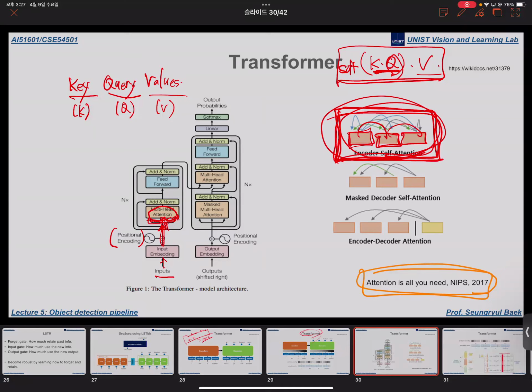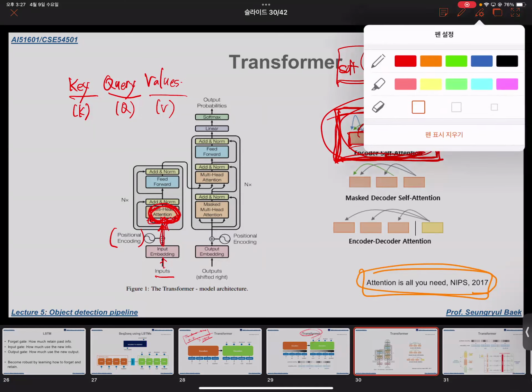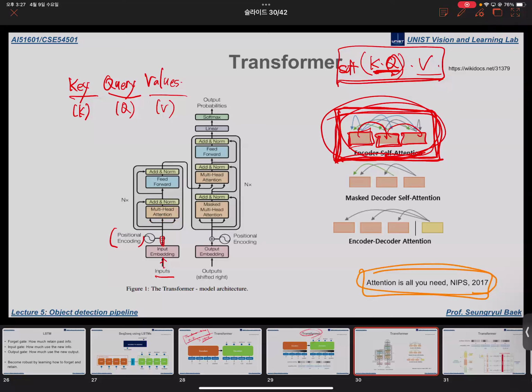I will re-explain this later. Anyways, they are applied with this attention mechanism, and the result is applied with a feed-forward network, which is actually an MLP layer, multiplying some weights and adding some bias, and then output. So here we get a feature that encodes the input sentence, okay?